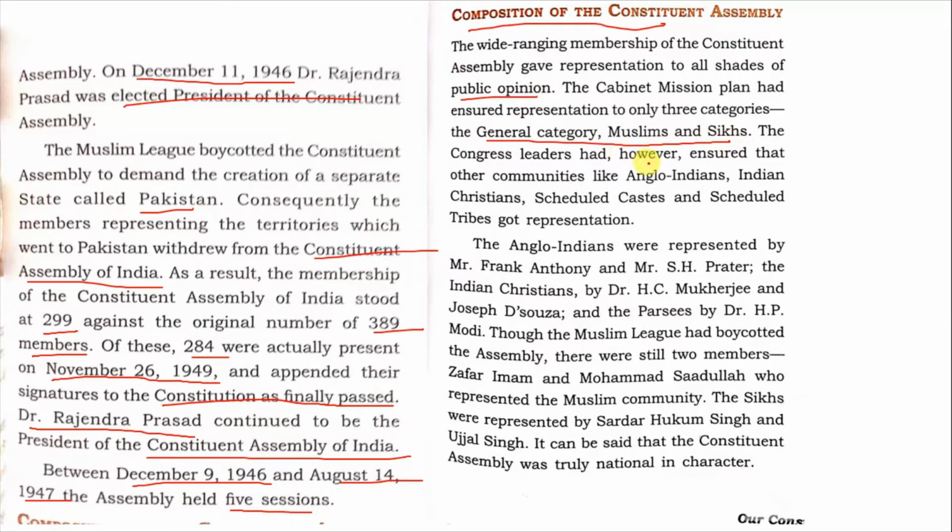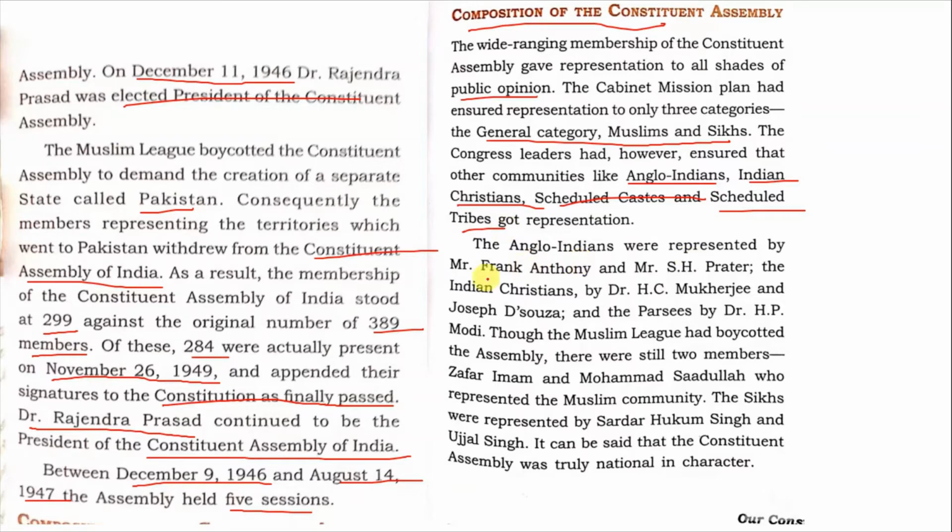The Congress leaders had however ensured that other communities like Anglo-Indians, Indian Christians, SCs, that is scheduled castes, and STs, that is scheduled tribes, also got representation.